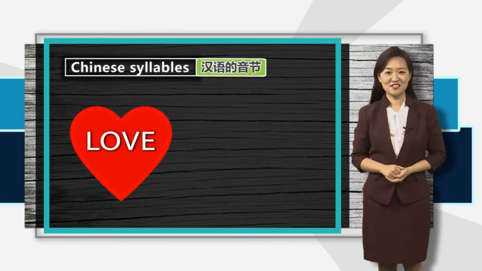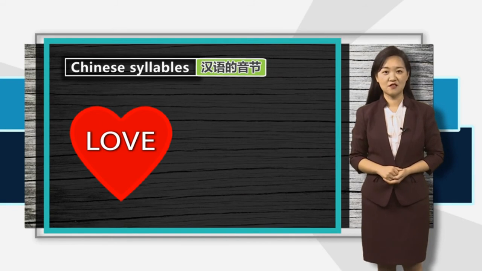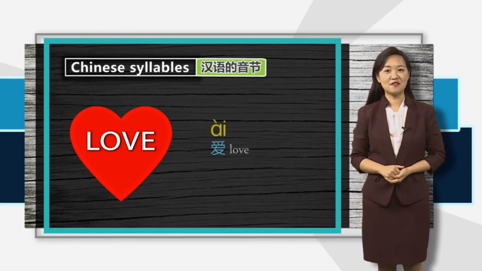But please pay attention. A Chinese syllable can have no initial, but it must have a final. For example, ài means love. a is the final, and it is the 4th tone, so ài.